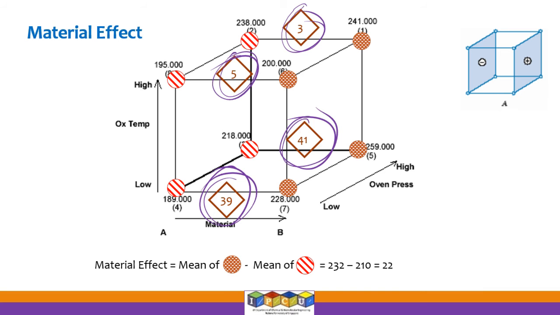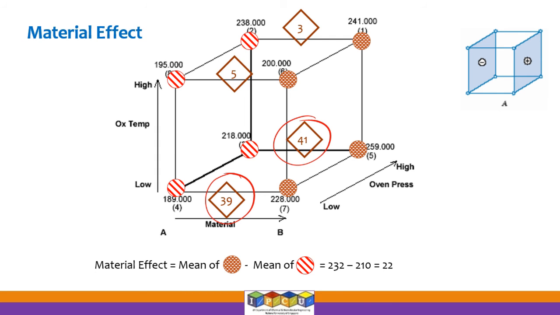So our observation is that whenever we use material B as compared to material A, the effect is larger on the shade reading when we are in the bottom face of the cube as opposed to the top face of the cube. So the bottom face is low value for oxidation temperature, and the top face is high value for the oxidation temperature.